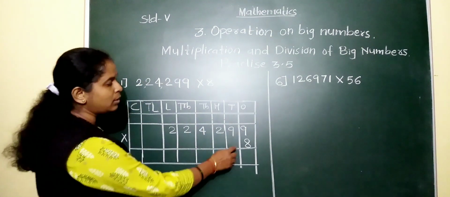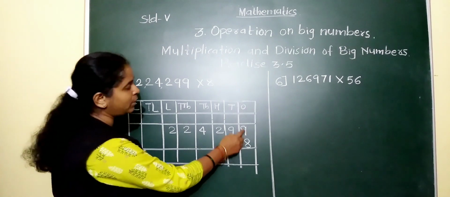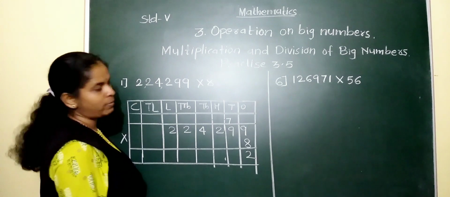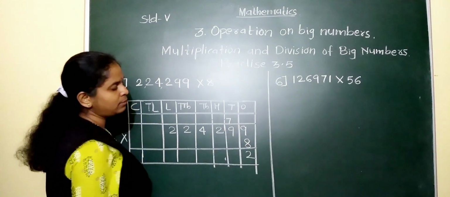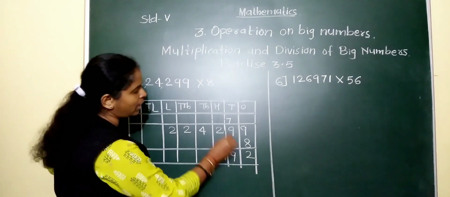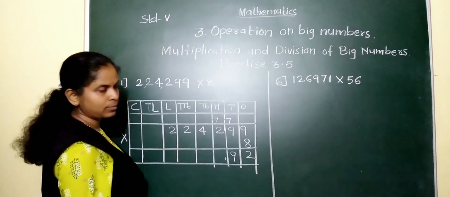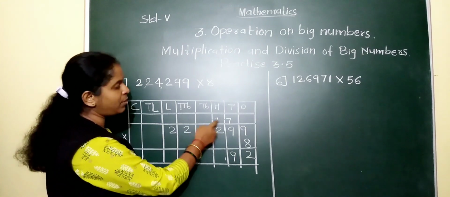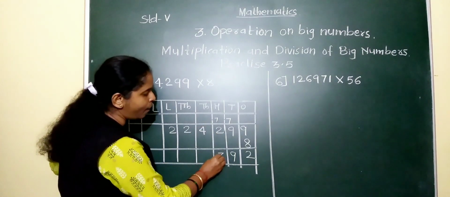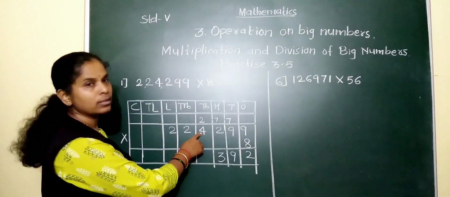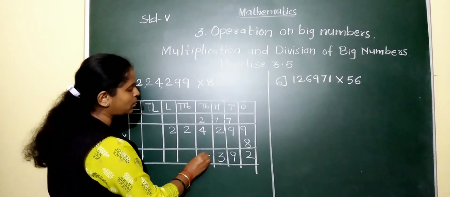Now see here, 8 nines are 72. Carry 7. Again 8 nines are 72 plus 7, 79. Carry 7. 8 twos are 16. 16 plus 7, 23. 3 carry 2. 8 fours are 32 plus 2, 34.